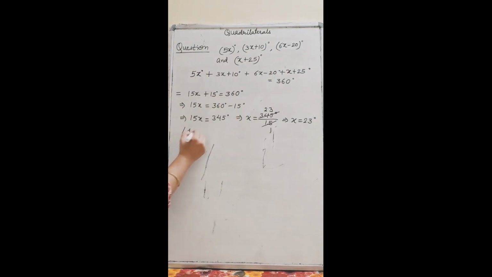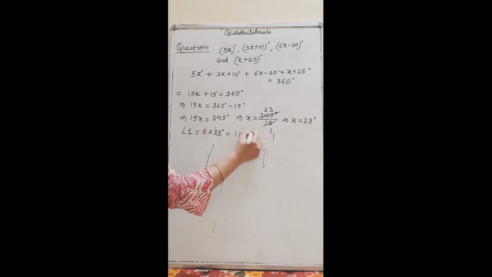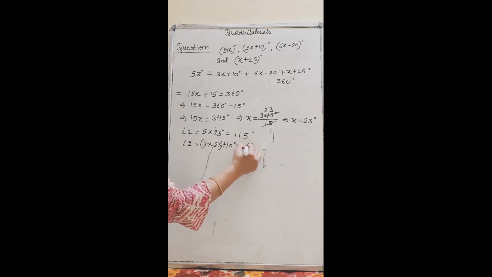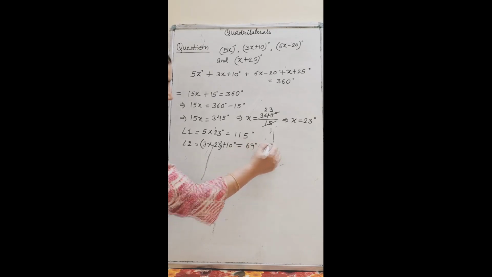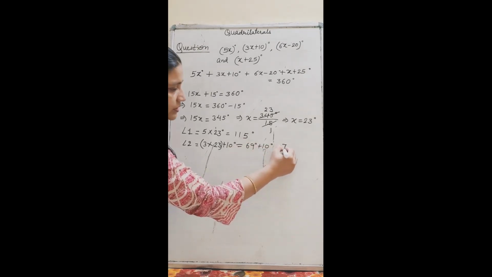So first angle, 5 into 23 degree: 5 3 is 15, carry over 1, 5 2 is 10 plus 1, 11, so 115. Angle 2 is 3x plus 10 degree, so 3 into 23 plus 10 degree. First we multiply 3 into 23: 3 3 is 9, 3 2 is 6, 69 plus 10. So the answer is 79 degree.